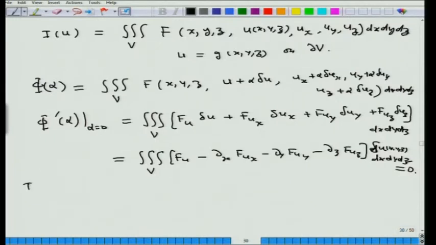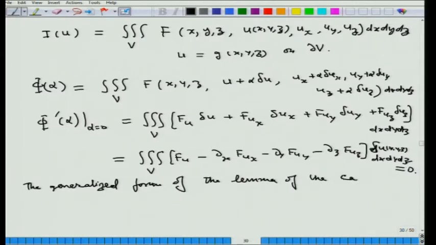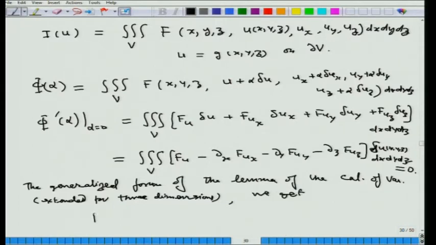So, the generalized form of the lemma of the calculus of variations extended for 3 dimensions, we get f_u minus del_x of f_{u_x} minus del_y of f_{u_y} minus del_z of f_{u_z} equal to 0.